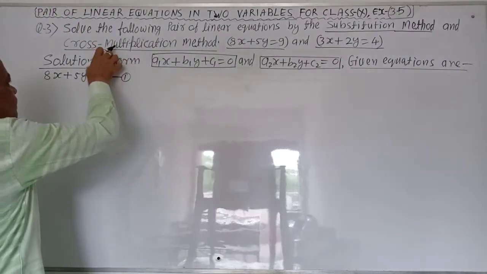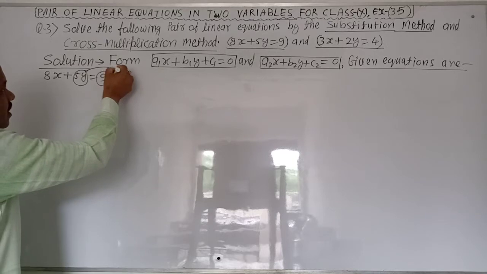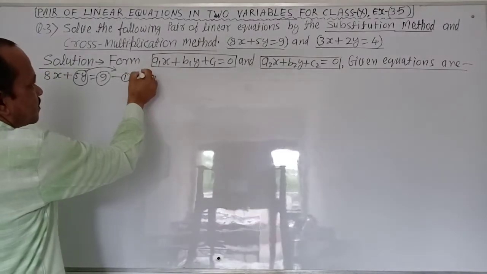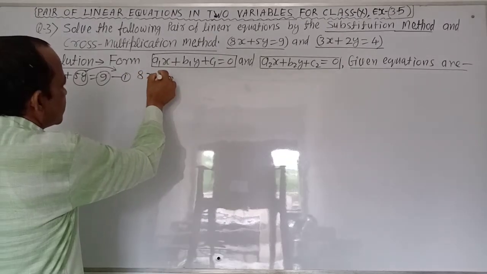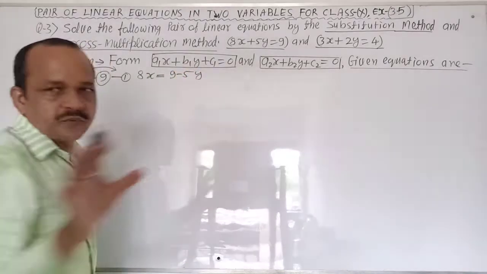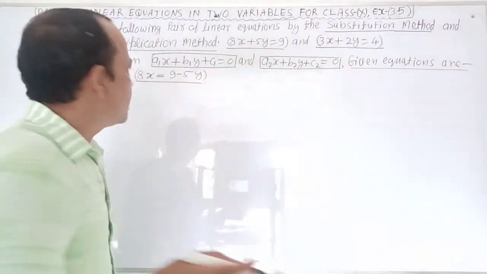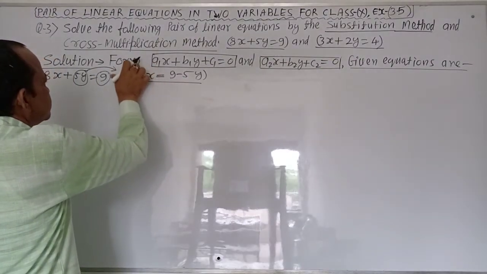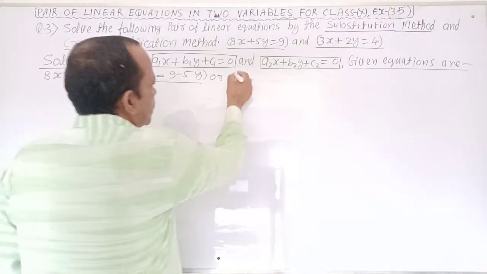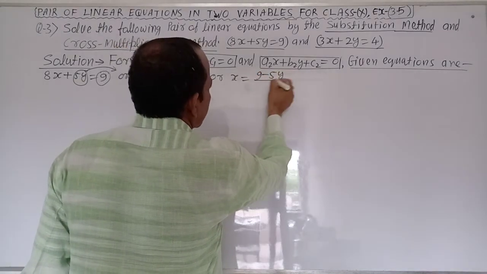You can write 5y on the right side of equal, then it becomes 8x equal to 9 minus 5y, or x equal to 9 minus 5y by 8.